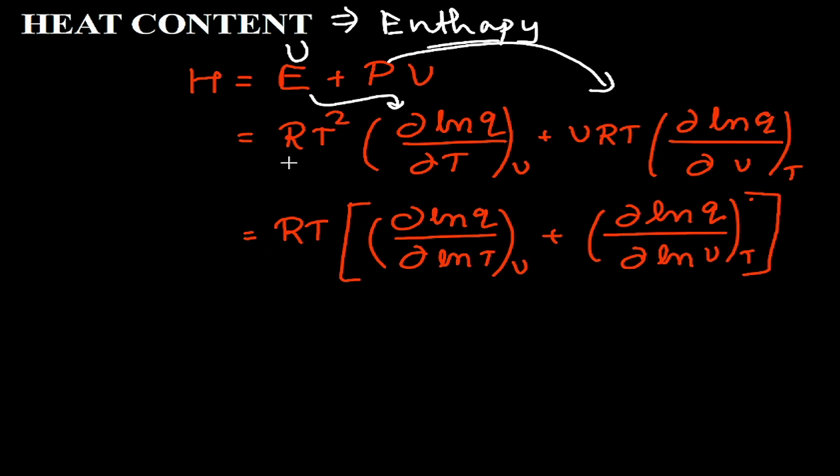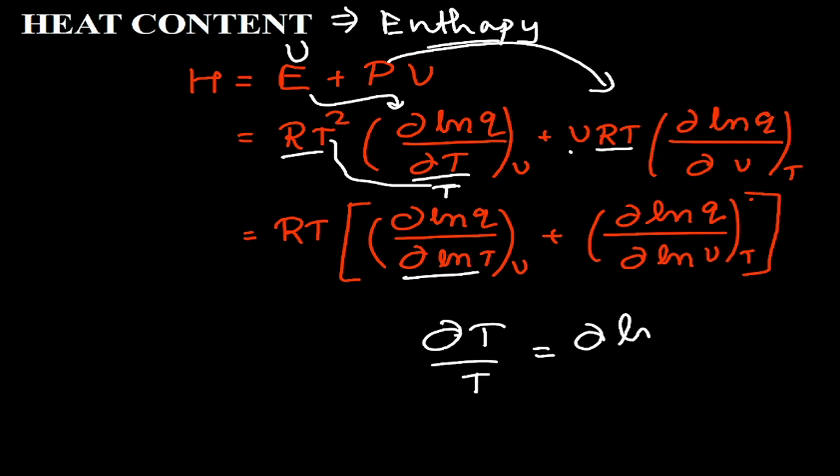So from both the terms RT could be taken common, and this T could go in the denominator over here, so differentiation, that is dT/T, could be written as d ln T. Similarly dV/V could be written as d ln V. So we have written both the terms, and this is our final expression for heat content or enthalpy in terms of partition function.